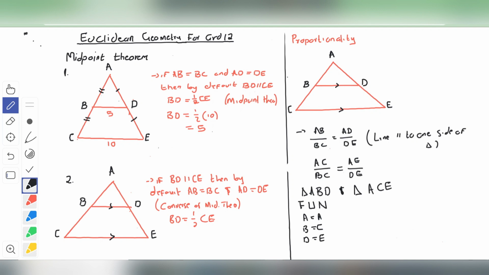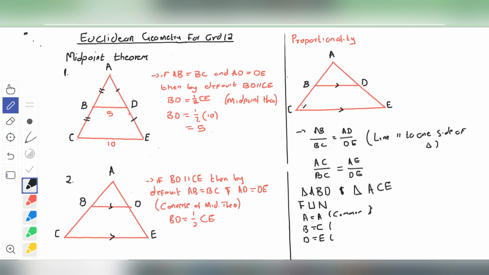So now we give the reasons. A is equal to A. Yes, this one is common. Then angle B is equal to angle C. Do we know that? Yes. Remember, we have BD and CE, the parallel lines, right?